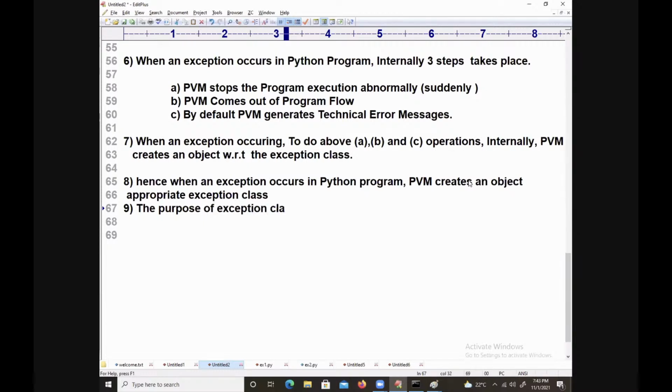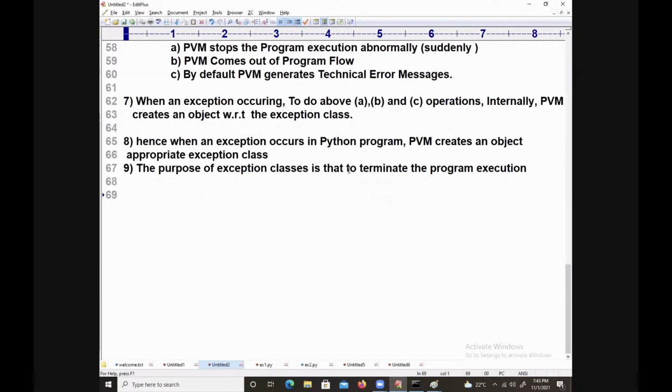The purpose of exception classes is to terminate the program execution abnormally when an exception occurs.